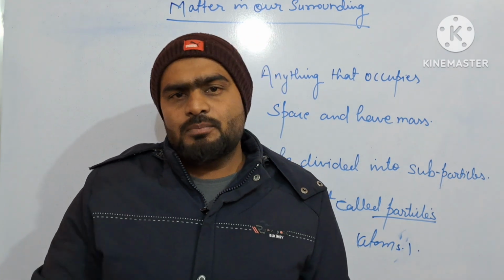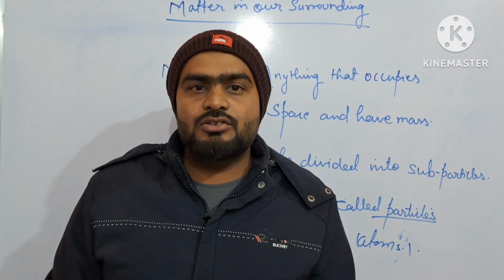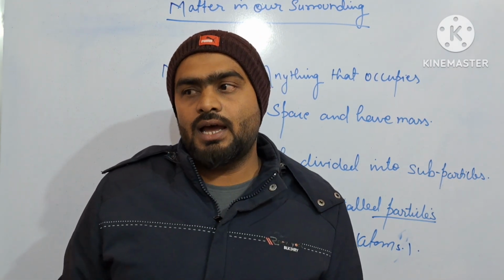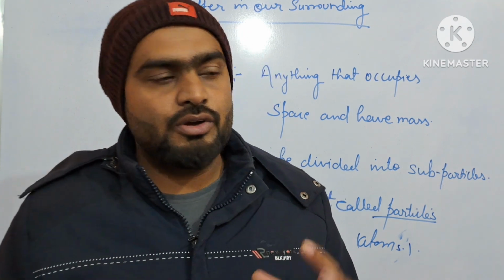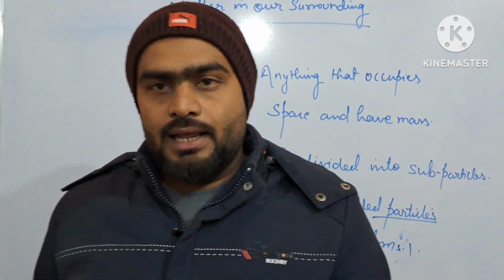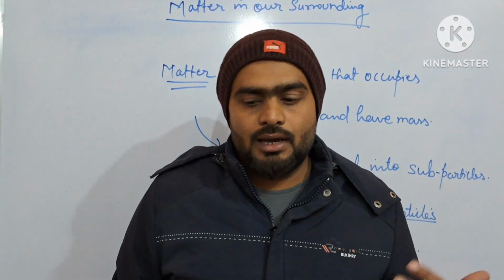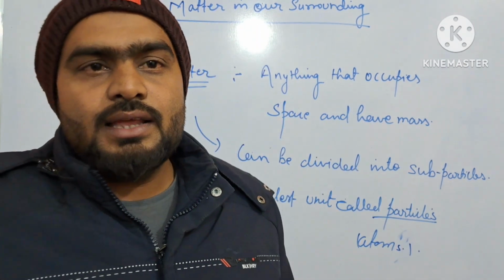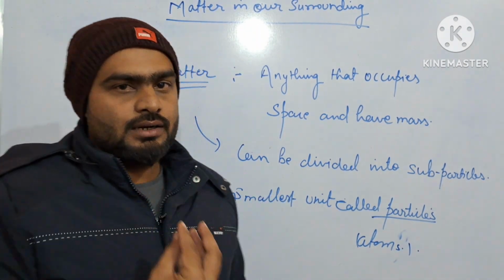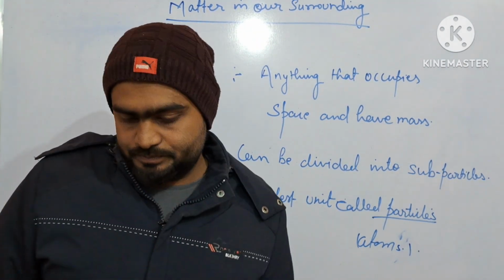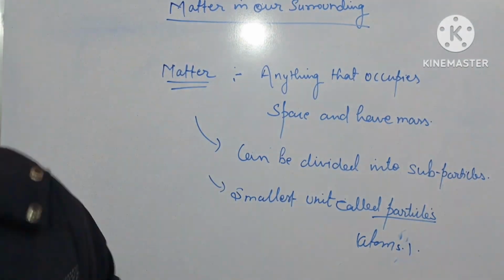Now there are certain properties that all matter show around us. I don't know whether you are observing the characteristic properties of matter or not, but I am explaining some properties of matter here. Let's explain one by one.